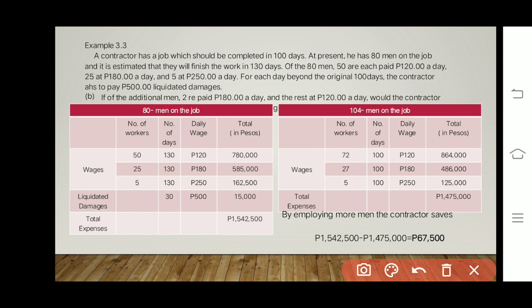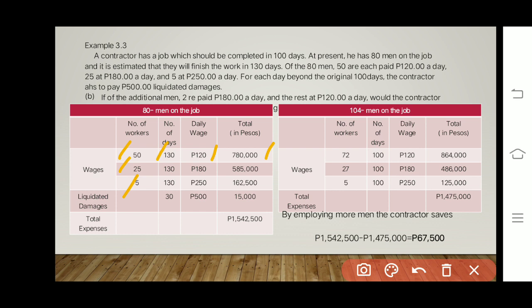So, ito yung computation sa dalawang situation. So, dito sa situation 1, papanatilihin lang niya yung 80 men. So, hindi siya mag-hire ng additional men, pero magbabayad siya ng liquidated damage. So, now we have, diba, sa given, meron tayong 80 tao na magtatrabaho ng 130 days, and then yung wage nila is same lang dito from the given.